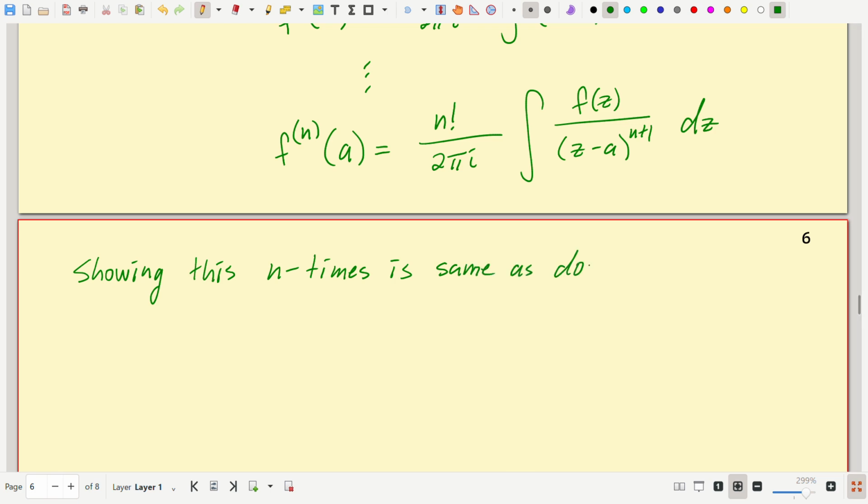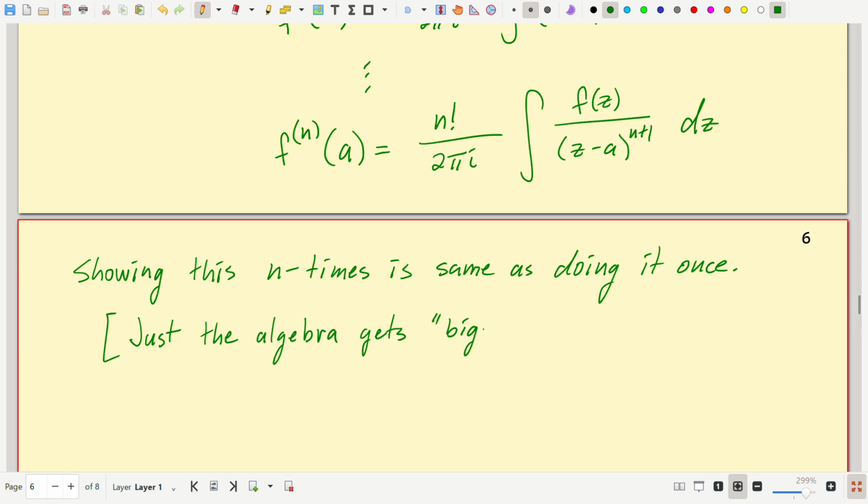It's just that the algebra gets uglier. You've got higher powers to deal with, but those cross products do exactly the same thing. The z minus z naughts pop out in front. It's the same algebra, it's just uglier. I'd call it bigger. You get more terms. But the main idea is the same.